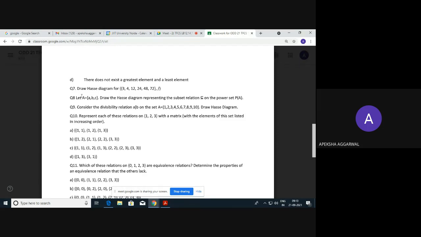If you have solved it in the tutorial, then it's fine, because this is the tutorial question. So solve this question number 9. Online students, you can see the screen. Yes, ma'am.